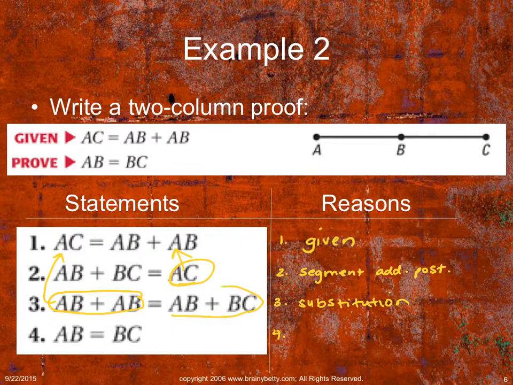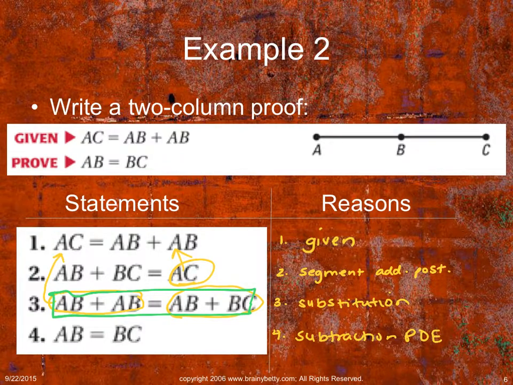And we took AB plus BC and replaced it with what it equals. What's that? Substitution. Oh, no, I'm sorry. We didn't replace it. That's not replacing. Just kidding. What did we do to both sides of this equation? Subtracted the AB away. Yes? Yeah. Subtraction. So you took from both sides of this equation and subtracted the AB.